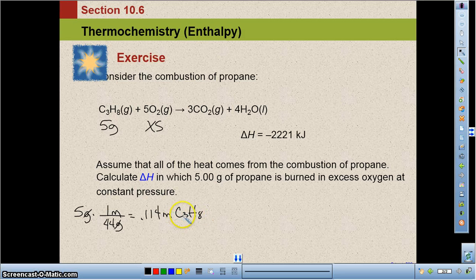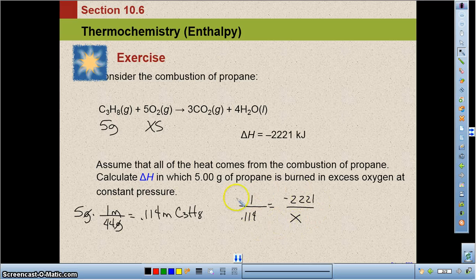This reaction says that I have to burn 1 mole of propane to get 2,221 kilojoules given off. I don't have 1 mole, I have 0.114. So let's do a ratio. 1 mole of C3H8 is to 0.114 as 2,221 kilojoules is to X, and I want to know how many kilojoules this is going to give off.